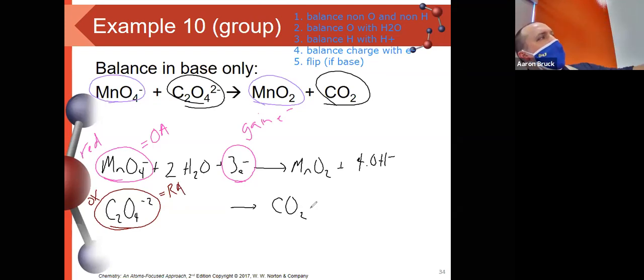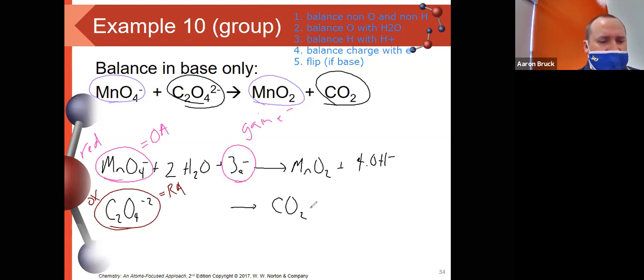So this method, while longer than the oxidation number method, does allow us to arrive at the same conclusions that we did in the last, where we can identify what's oxidized, what's reduced, what the oxidizing agent is, what the reducing agent is. We can do all of that in this particular method. You just have to do a little bit more interpretation. But the upside is I didn't assign a single oxidation number. And for those of you that are struggling with oxidation numbers, that's a really valuable asset.